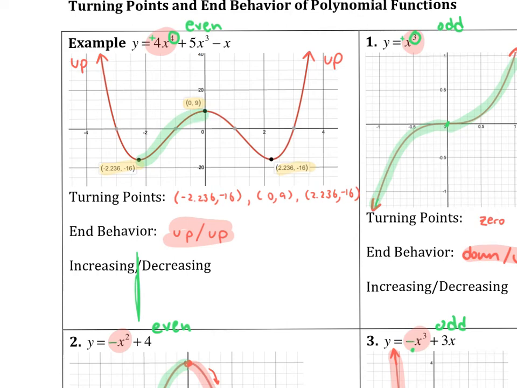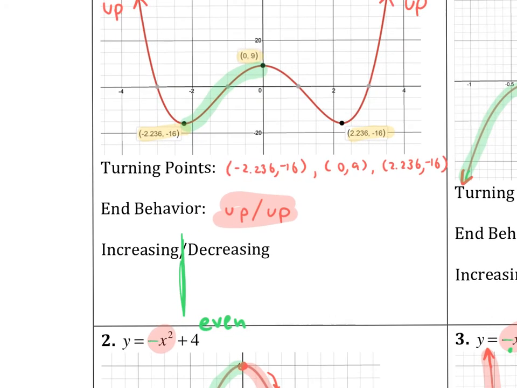That corresponds to x being between -2.236 and 0. So that's when it increases. And it also increases this way here, when x is greater than 2.236.